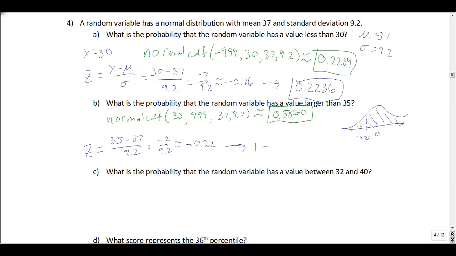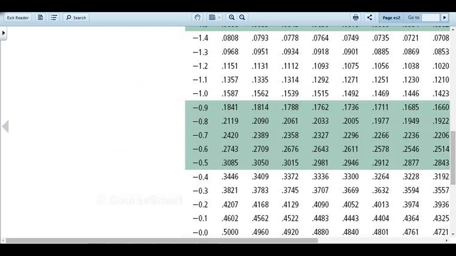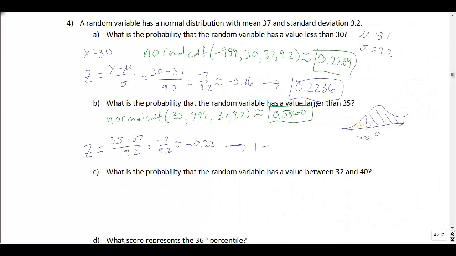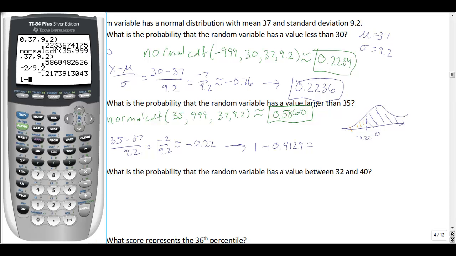I can look up the orange area, and then this blue shaded part is 1 minus the orange. So you look up negative 0.22, that's 0.4129. So 1 minus 0.4129, if I do the subtraction, comes to 0.5871.